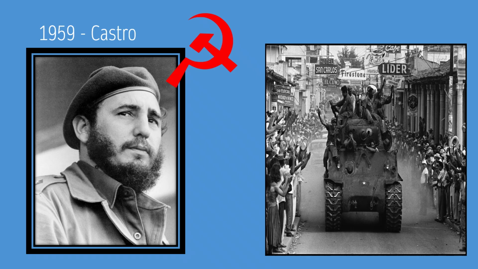What he does that gets the US's attention is he's going to seize US owned businesses and land on the island. So this is going to create an even deeper division that the United States and Cuba already had. So that is Fidel Castro, and we are going to learn more about him in the 60s.